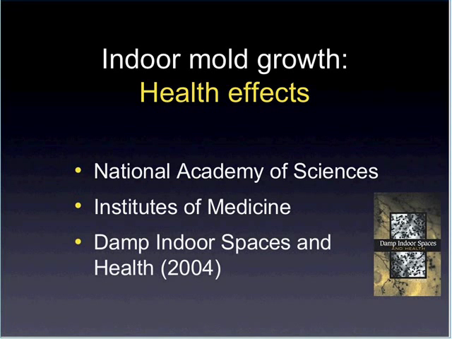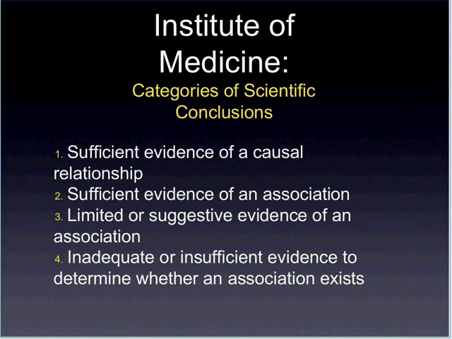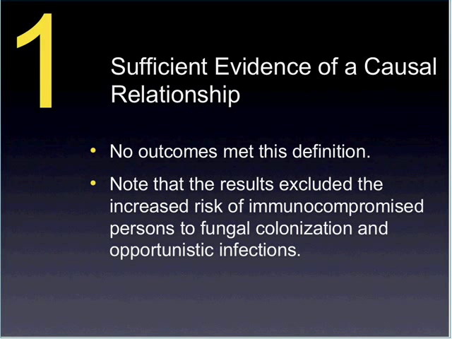But what the Institute of Medicine did was categorize. They took all of the symptoms and health effects in the literature as being possibly associated with or caused by mold growth, and they categorized them into four categories: sufficient evidence of a causal relationship, sufficient evidence of an association, limited evidence of an association, and finally, inadequate evidence to determine anything.